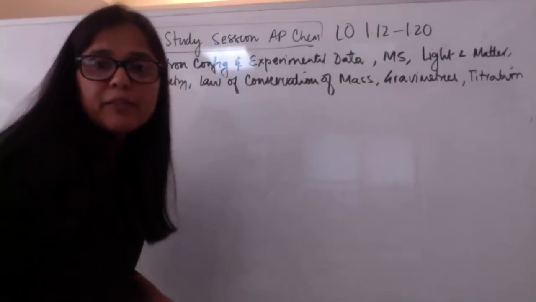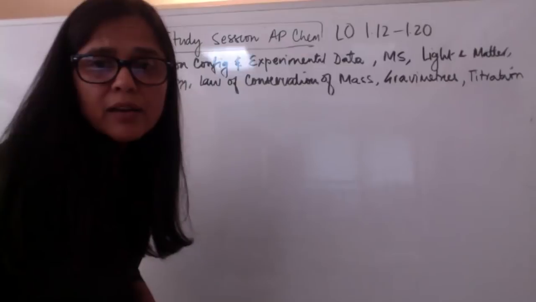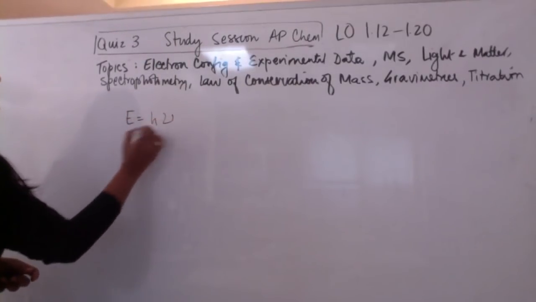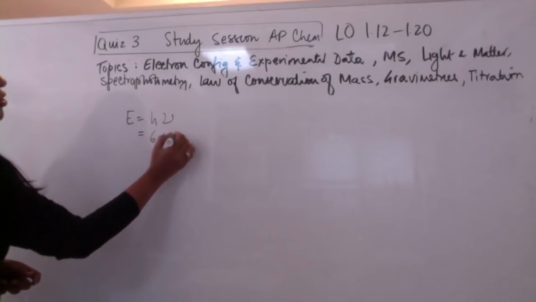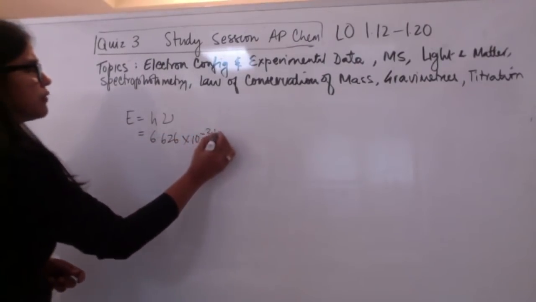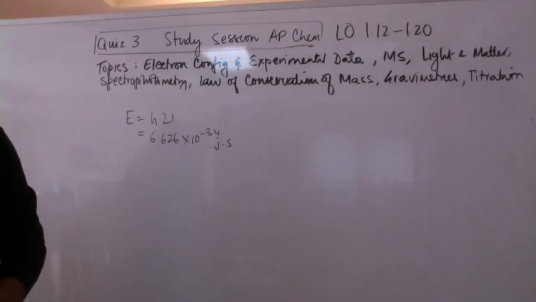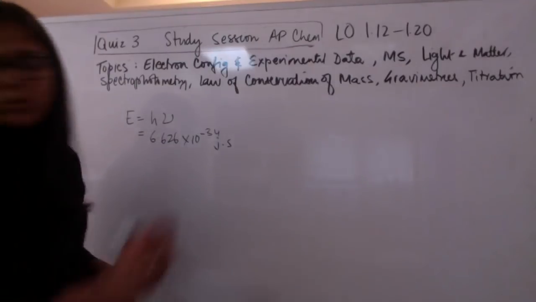So you put the values in there. And h is 6.626 times 10 power negative 34 joules second. And nu is, but they haven't given you nu frequency, but they've given you wavelength.